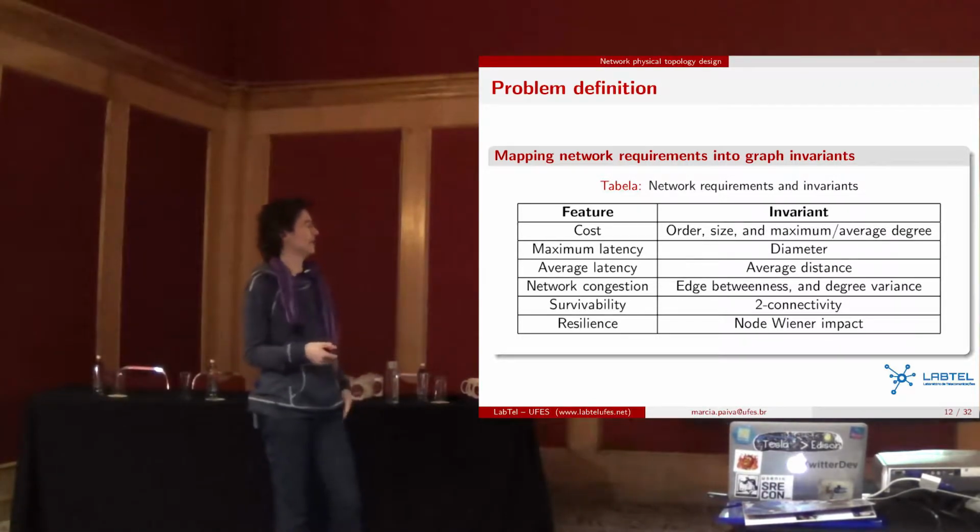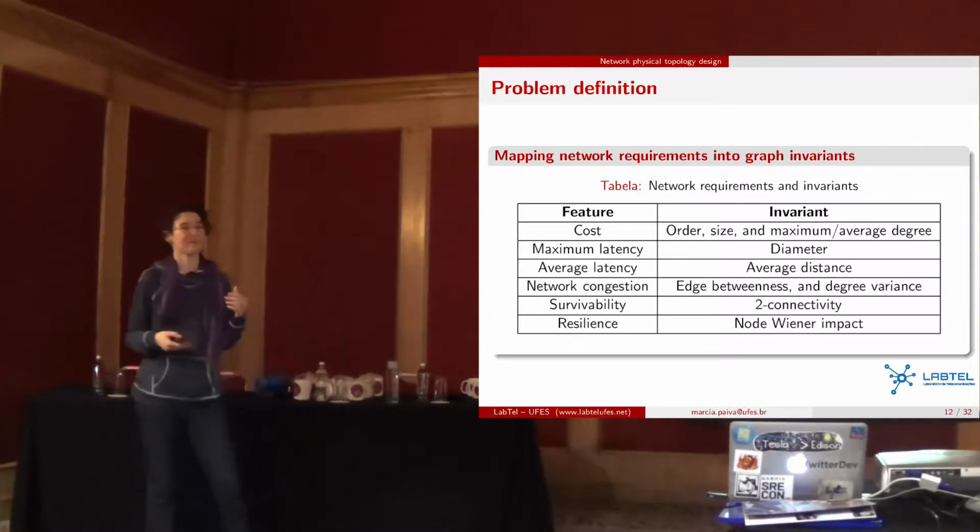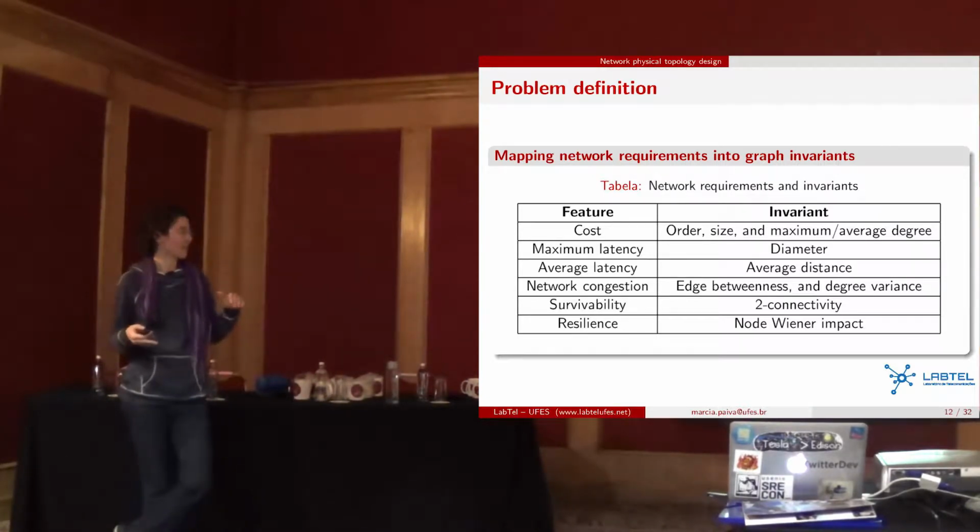And also the degree variance, because if you have a high difference between the degrees in the network, we could have congestion in those nodes that are in the middle of many pairs of nodes.